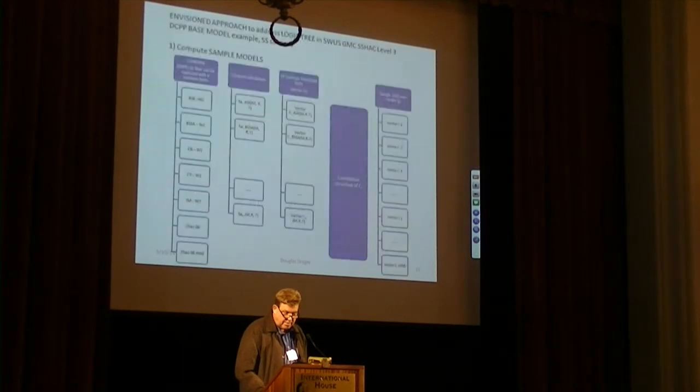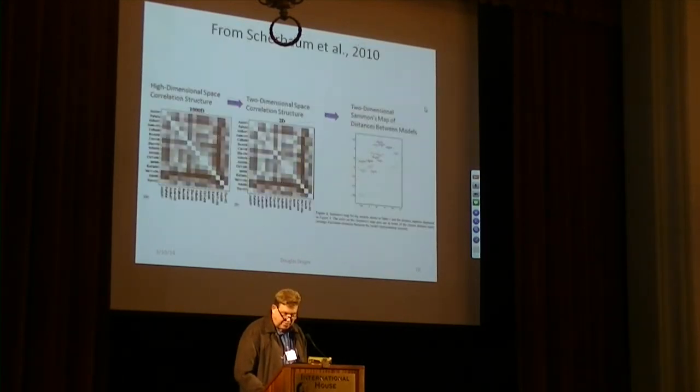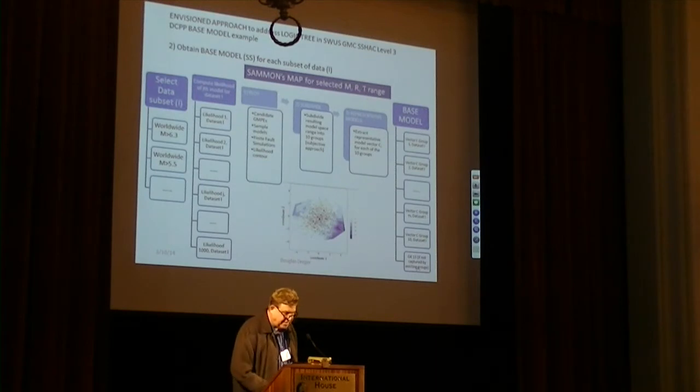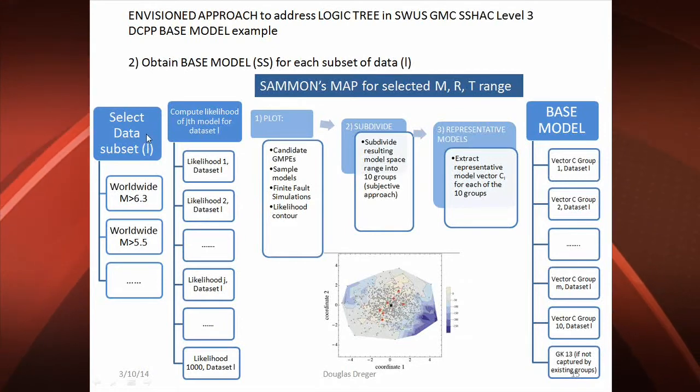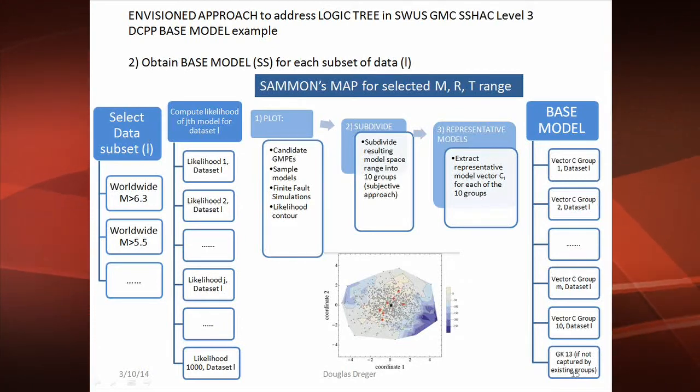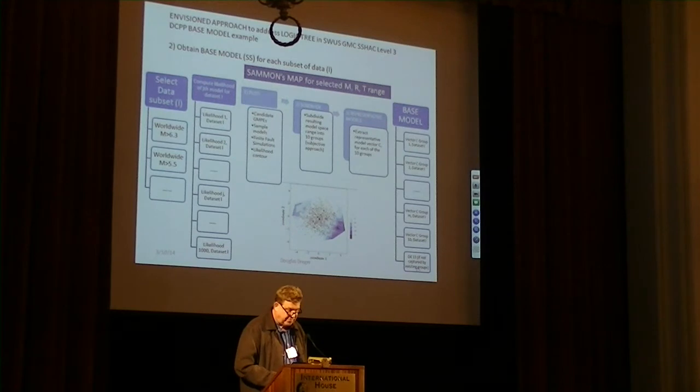Okay, so what we have now are these 1,000 new models, and the next step is to try to characterize the likelihood of given models and plot this in this space. The way this is done is to select subsets of data, worldwide earthquakes for magnitudes greater than 6.3, for example, worldwide greater than 5.5. For each of the 1,000 sampled GMPEs, you can compute the likelihood of these models and then plot it.